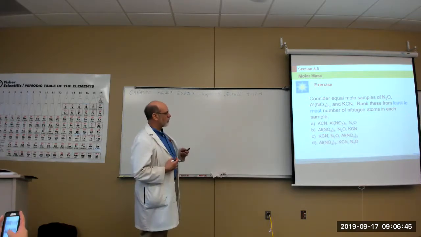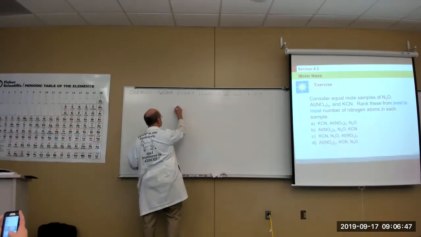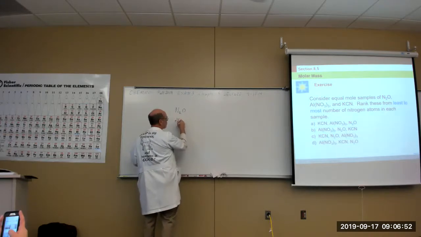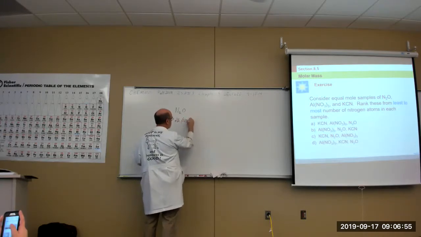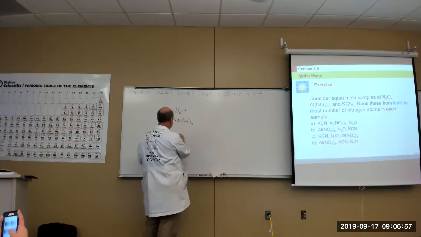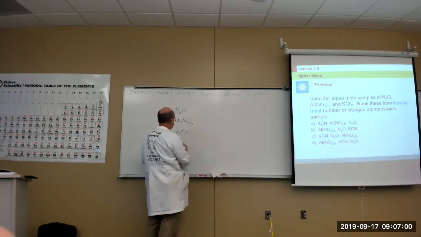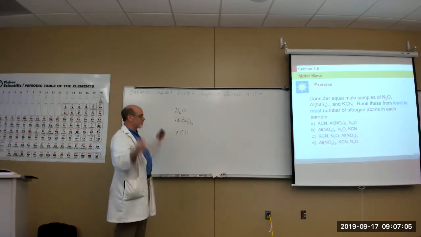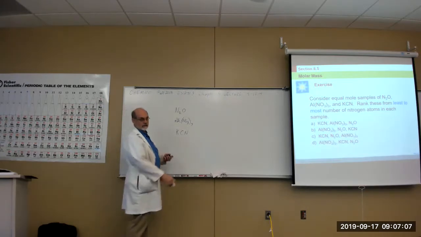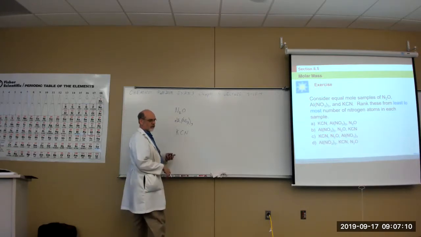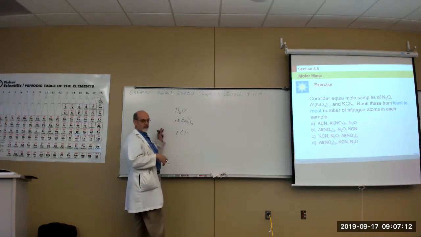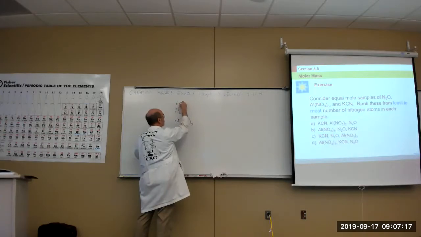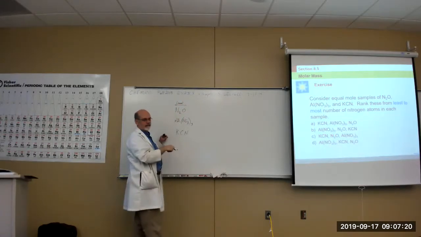If we have equal molar samples of N2O, aluminum nitrate, and potassium cyanide, so we have the same number of moles of each one. It doesn't tell us how many, so we say, okay, let's just say we have 1 mole of each, right? They're all equal. 2 moles, 3 moles, it doesn't matter. 1 mole is easier to work with, because if you have 1 mole of this, how many moles of nitrogen do you have?